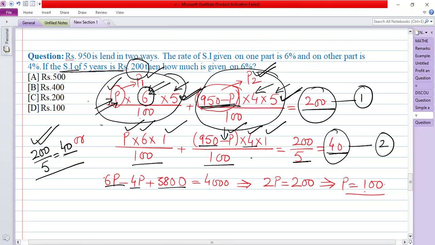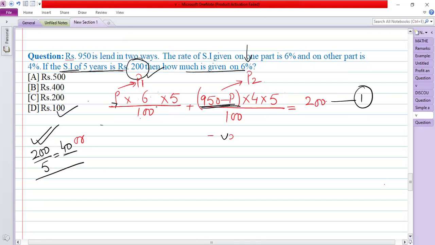And this 100, when it goes to this side, means this 40 here, 4,000. After solving, P is 100. So the meaning is that rupees 100 was the amount which was invested at 6% rate of interest.